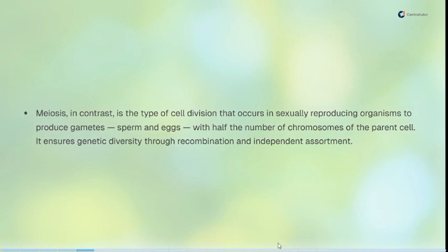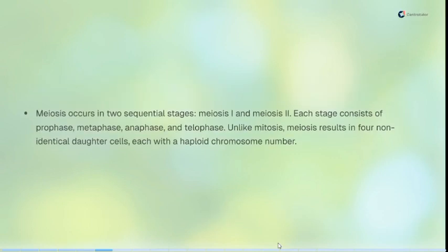Unlike mitosis, where there's a duplication phase, for meiosis there is nothing like that, and it happens majorly in sexually reproducing organisms. It ensures genetic diversity through recombination and independent assortment. Later on, in some studies, we'll see what recombination and independent assortment mean. So let's move on. Meiosis occurs in 2 sequential stages, unlike mitosis, which has 4 or 5 stages.